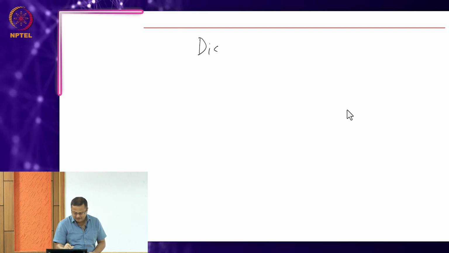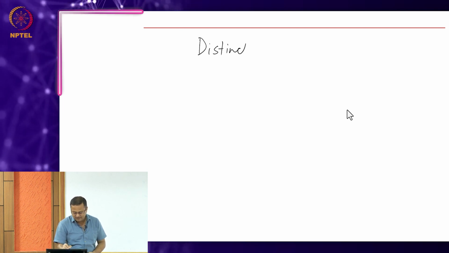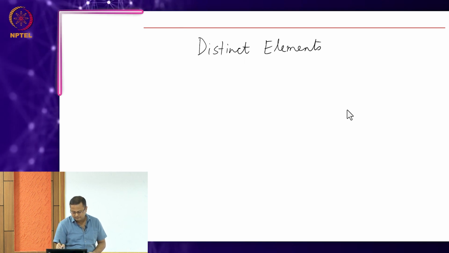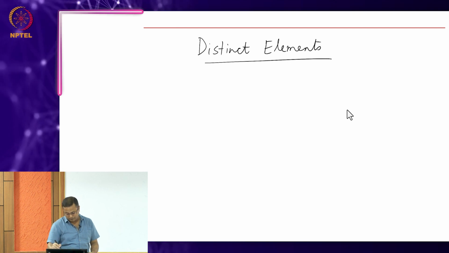So, the problem is distinct elements in the streaming model obviously.